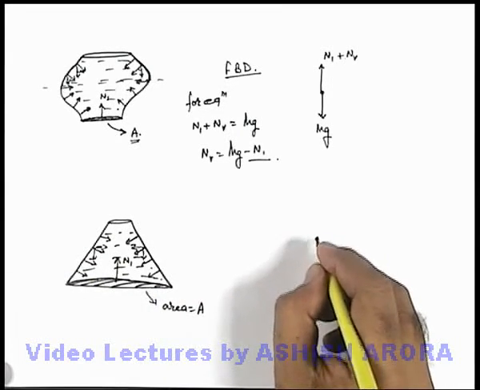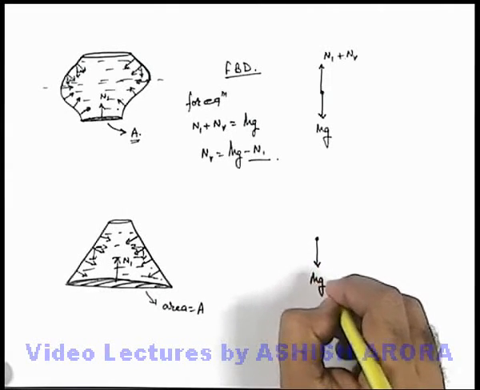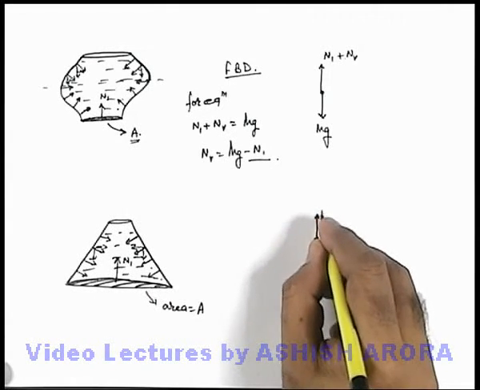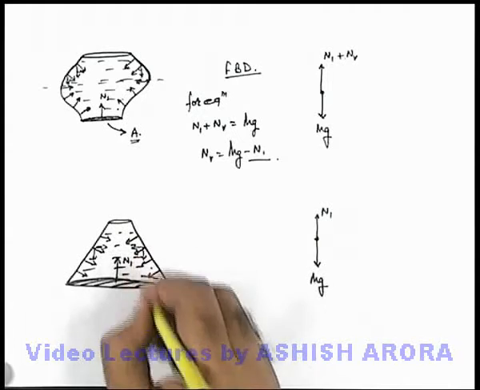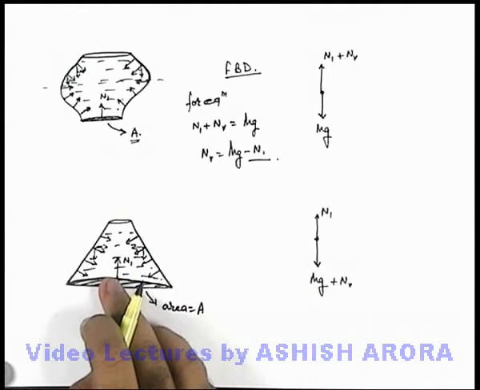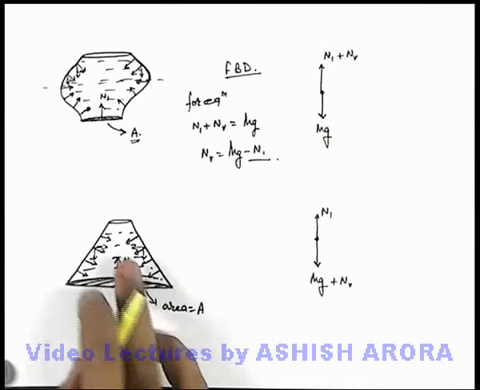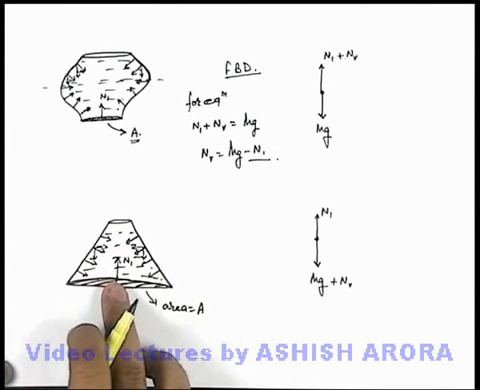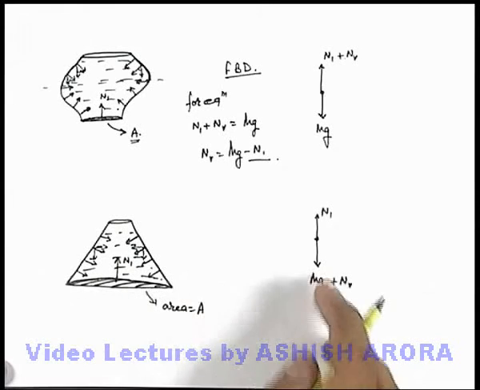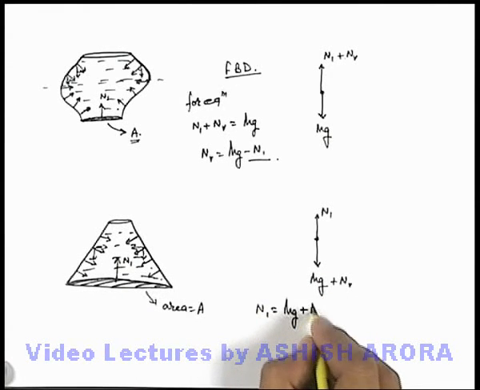If we draw the free body diagram of this fluid body, mg will act in the downward direction, N1 will act in the upward direction, and obviously NV will be acting in the downward direction, because in this situation the normal reaction applied by the bottom on the fluid body is more than the weight. That's why for equilibrium N1 must equal mg plus NV.